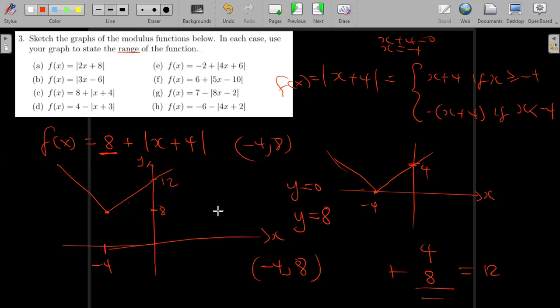And of course, because of this shift, remember it's x plus 4, right? So if I say y equal to x plus 4, my y-intercept is when x is 0, so I get y is equal to 4. That's where this graph is cutting the y-axis.